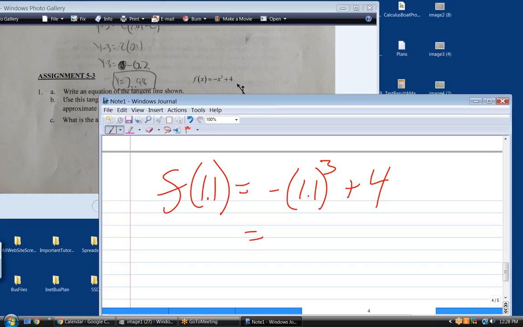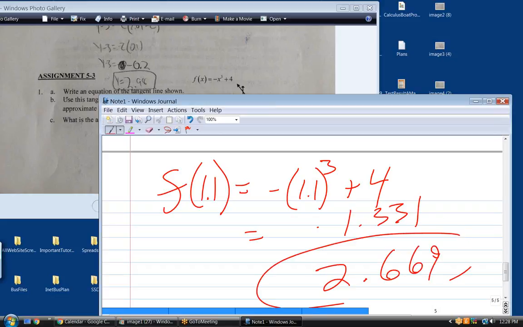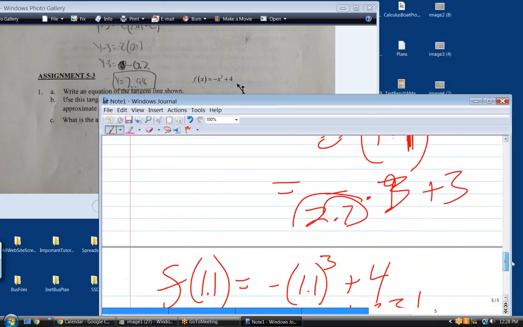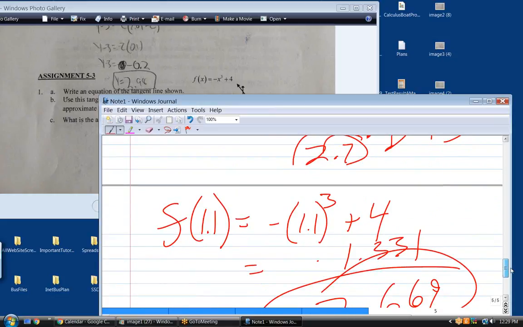Which doesn't look very close to what this answer is going to be, but it's 1.1 cubed, 1.331. So our answer is going to be 2.669. What do we come up with? 2.7? Yeah, that's not a bad approximation.